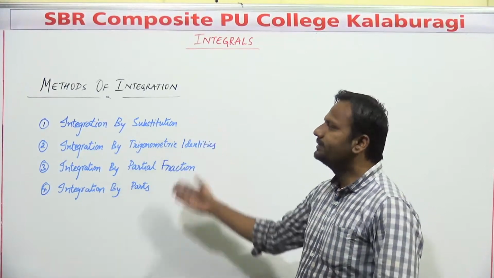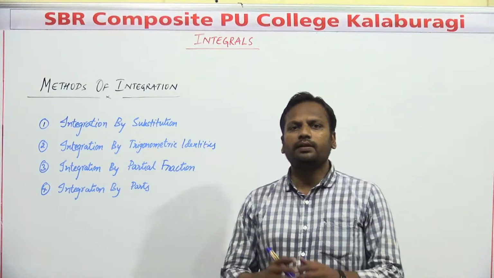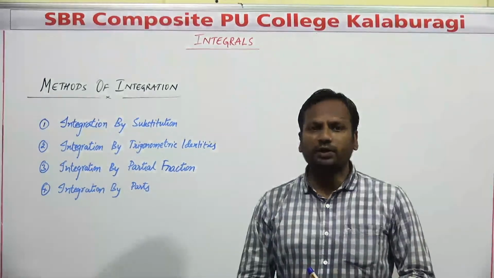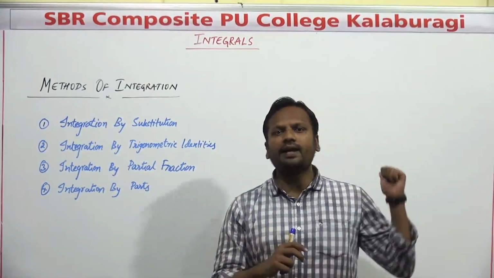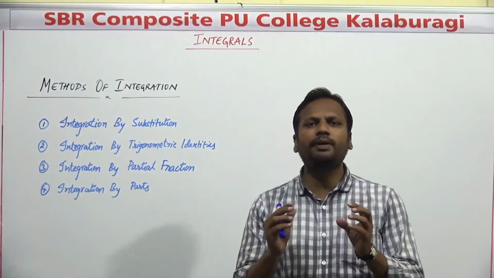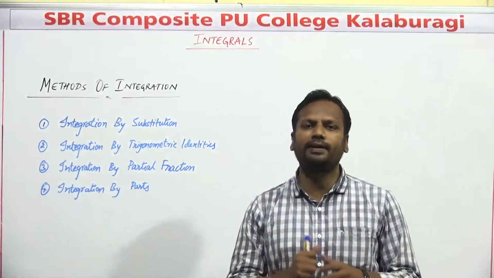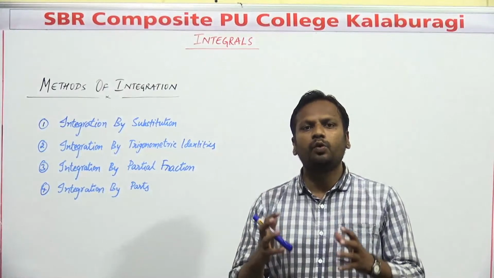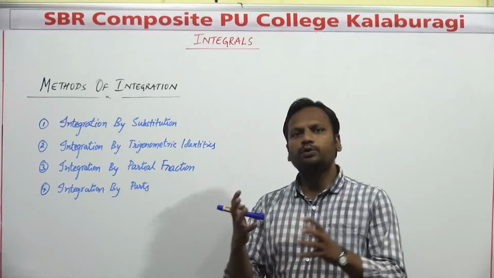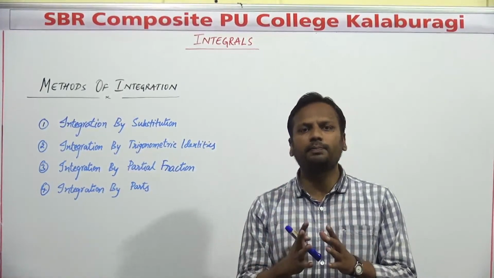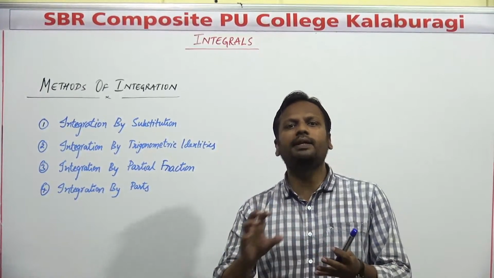So why do we do these things? Because some of the integrands of the integral are a little bit complex, complicated ones. So we have to use some methods to simplify them. After simplifying, it becomes what here? Easily integrable form.